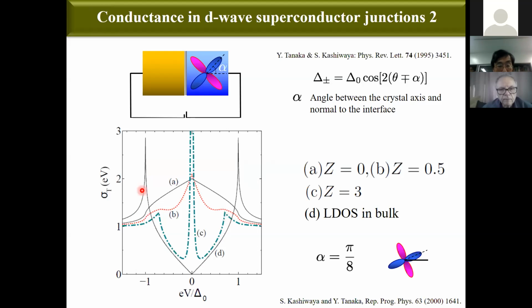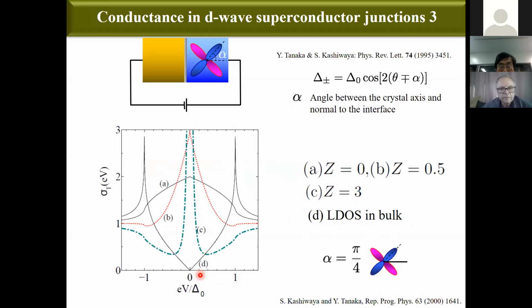Okay, so let's go to alpha equals pi over 8. In that case, with the increase of Z, the magnitude of tunneling conductance around zero voltage is hugely enhanced due to the presence of a zero energy conductance peak. So curve C is very different from the local density of states in bulk. There is a big difference between curve C and curve D. Now let's look at alpha equals pi over 4.